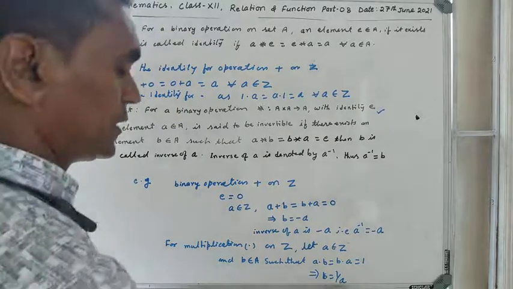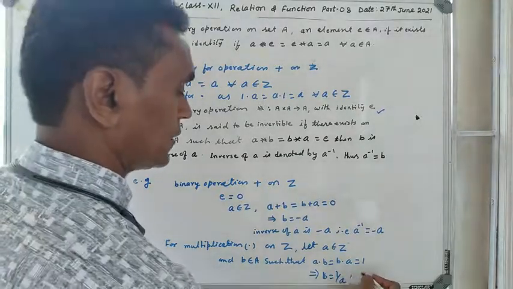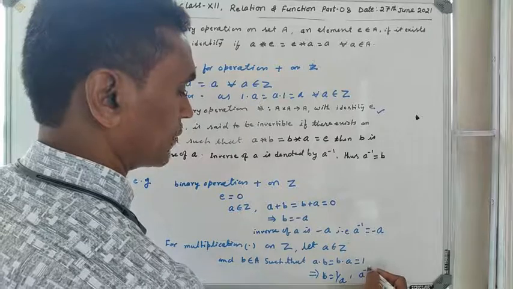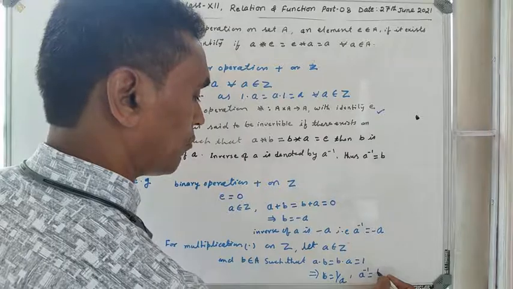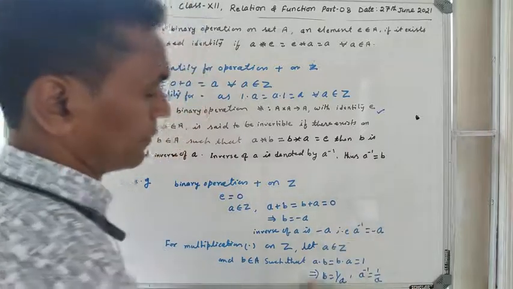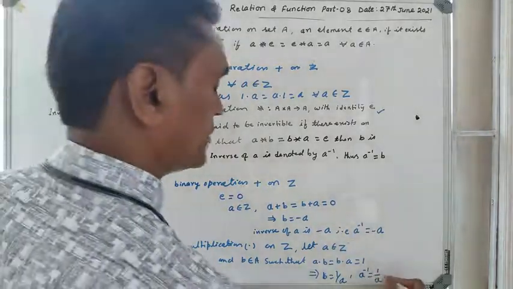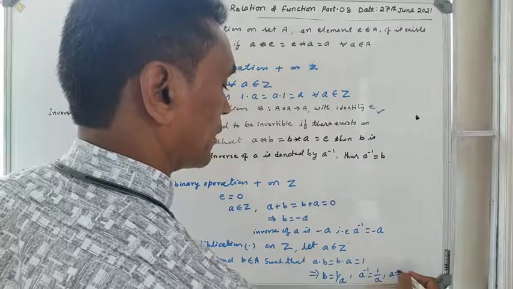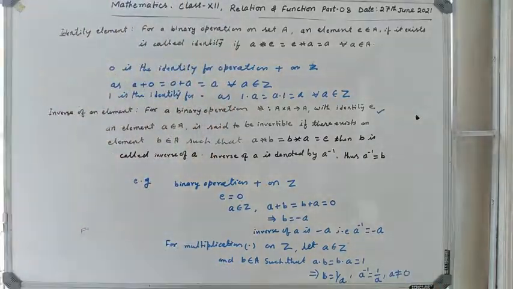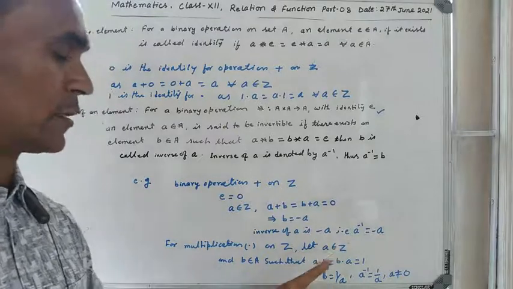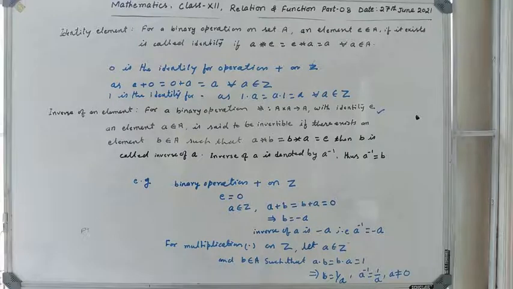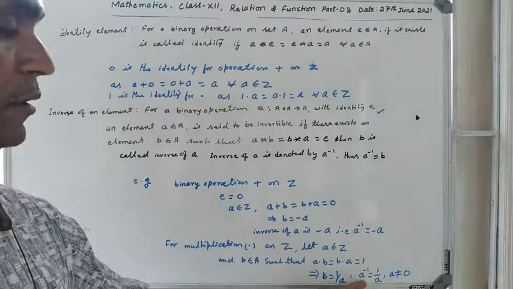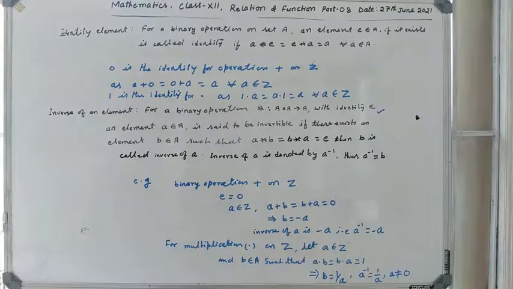So here b is the inverse of a, so a is invertible. Inverse of a is equal to 1 by a. But here a cannot be 0. That means 0 belongs to this set Z, but 0 is not invertible, because inverse of 0 is 1 by 0, that is undefined.